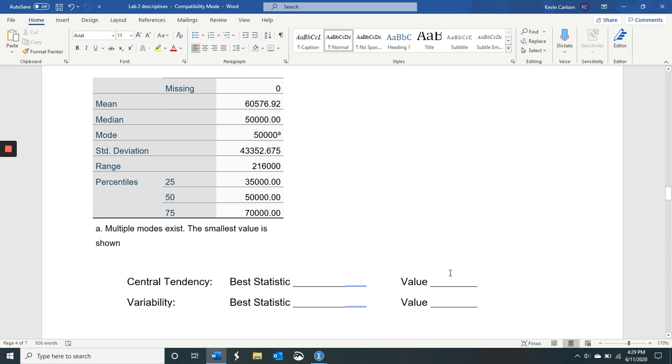Value is the actual number. Same thing for variability. The best statistic for variability is going to be either the standard deviation or the IQR. Range is not very useful. Variance is the same thing as standard deviation, but standard deviation is what we tend to use. And then you put the number of whatever you choose here as a value. The value is the number.